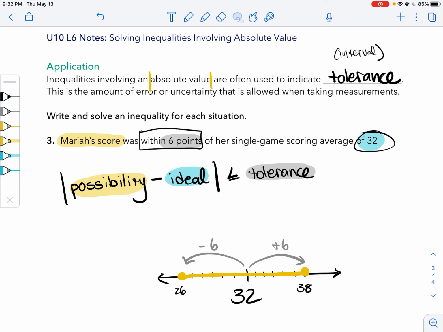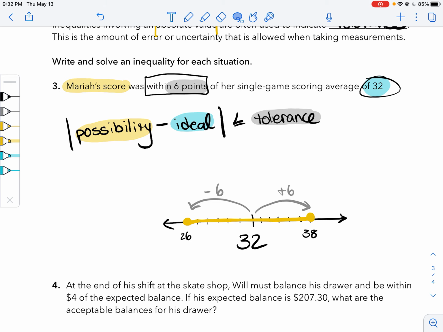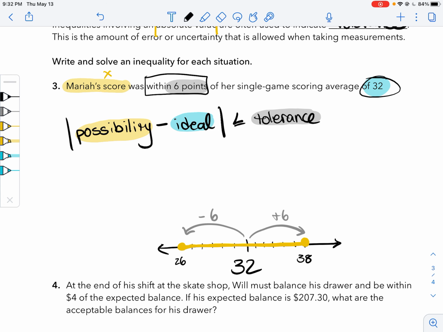Okay, so we would set this up to say Mariah's score is X for unknown. So we would say X minus her ideal, or her average, 32, the absolute value of that is less than or equal to 6. And then we would split and solve.